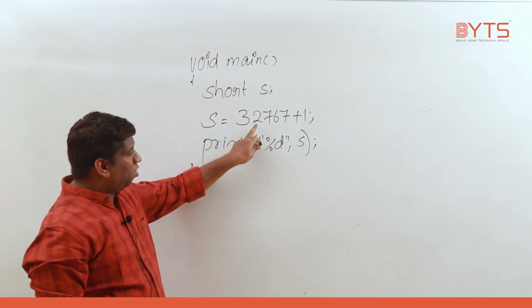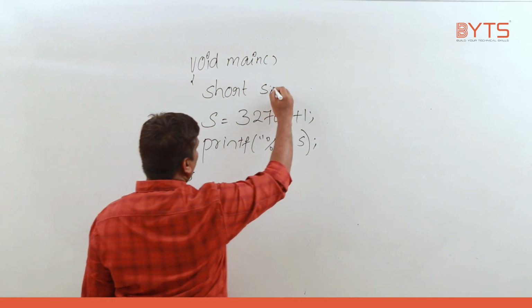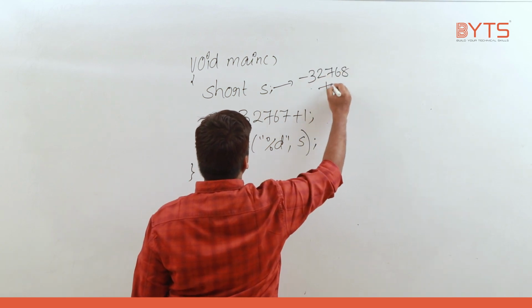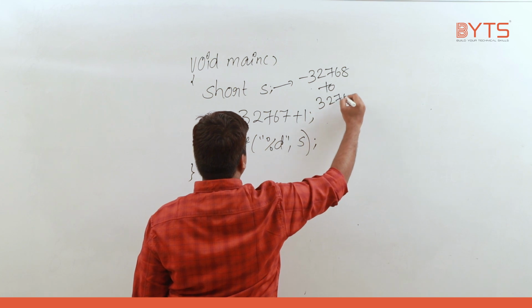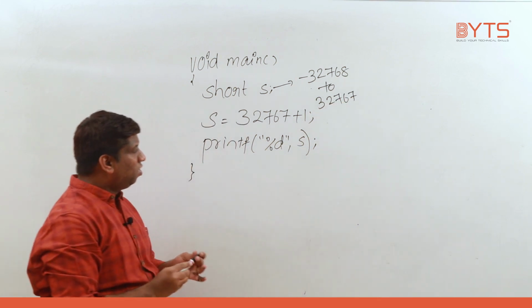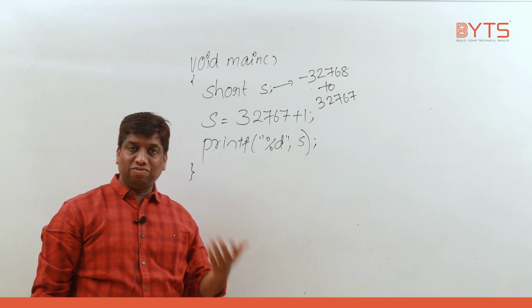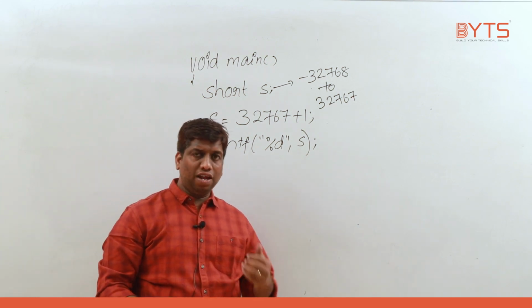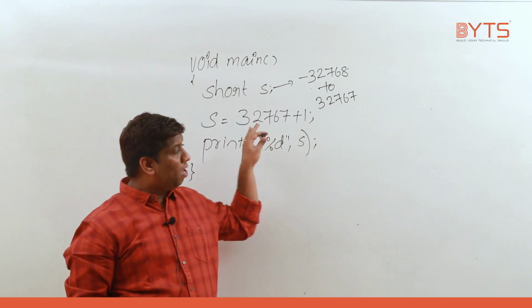First, try to understand what is the range of s: minus 32768 to 32767. Have you noticed, 32767 plus 1 will be 32768. When we are crossing the range, we need to go to the butterfly diagram, that we know. And anyhow, we are going to see the binary representation.